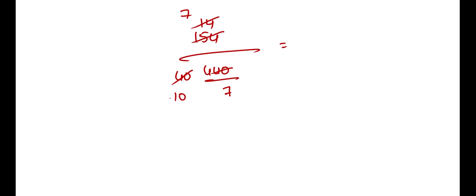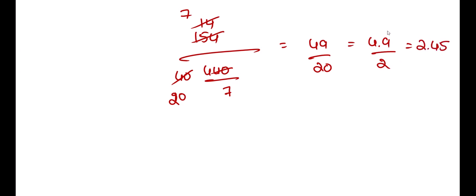Sorry, this is 20 times. 49 divided by 20, which is 4.9 divided by 2, which is 2.45. Listen, you have an option 2.45 as well. What is this 2.45? Perimeter of rectangle is equal to 2.45 times circumference of circle.